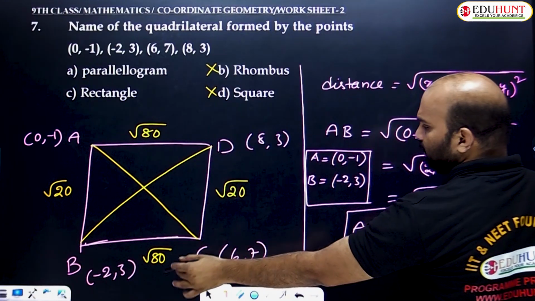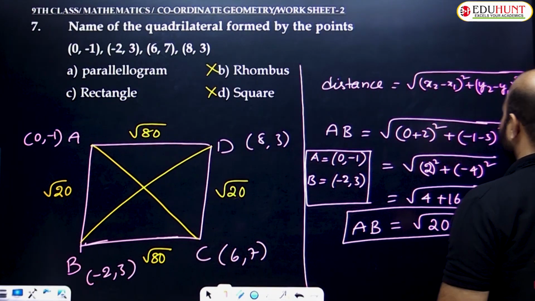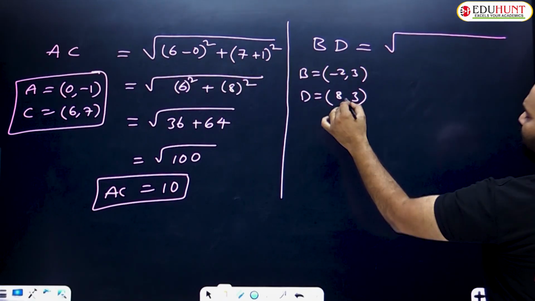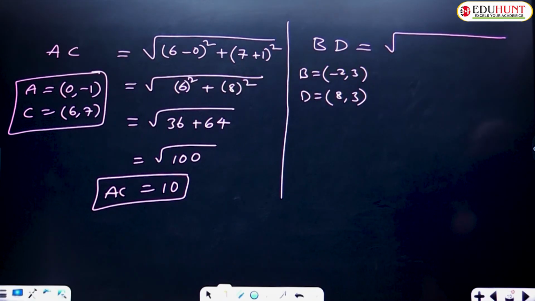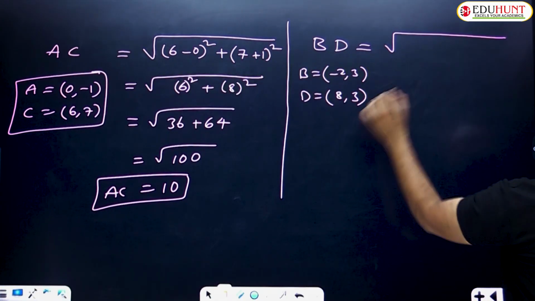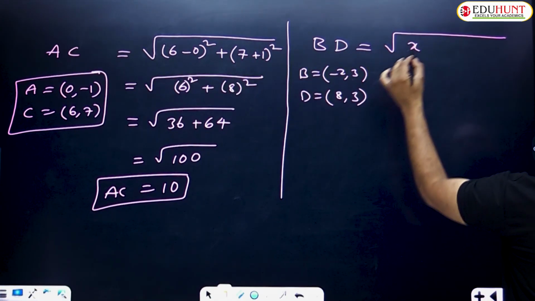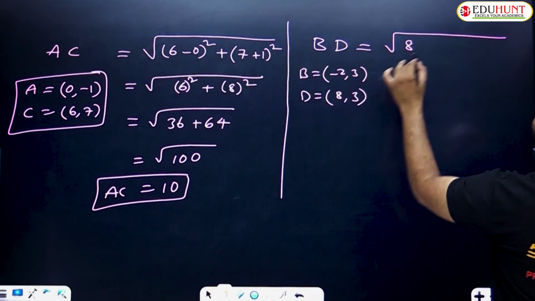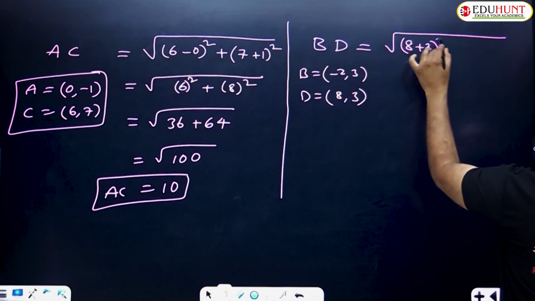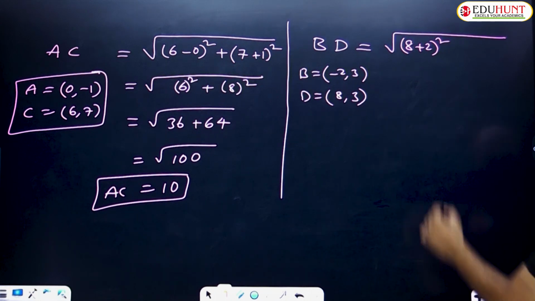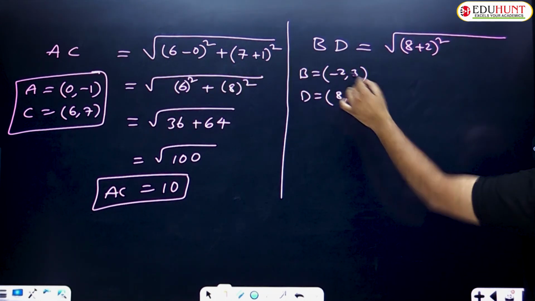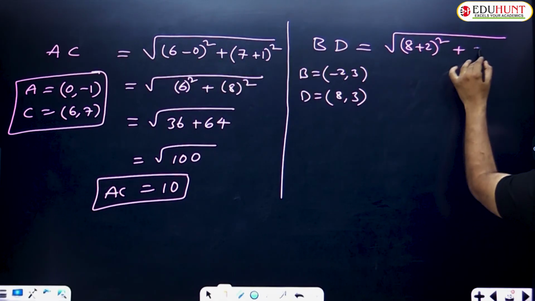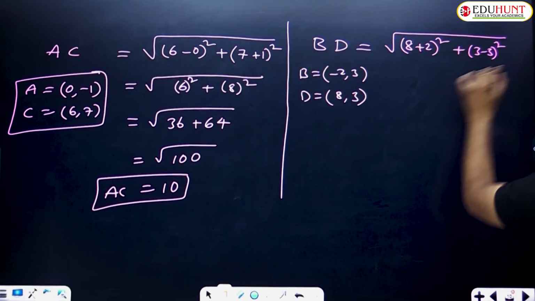So by using the distance formula, square root of x2 minus x1 whole square, where D is x2, y2 and B is x1, y1. x2 is 8, minus minus 2, that is 8 plus 2, whole square, plus 3 minus 3 whole square.